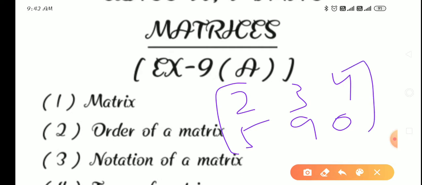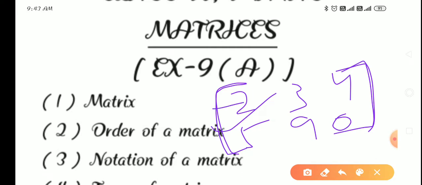It is also a rectangular arrangement of numbers, and you have to enclose this arrangement within square brackets, or big brackets, or round brackets also you can use, but don't use curly brackets. In curly brackets you cannot enclose these numbers. So this is also a matrix because it is a rectangular arrangement of numbers.